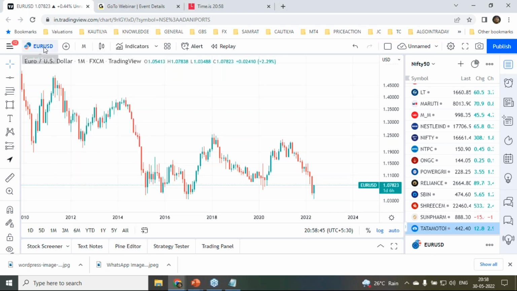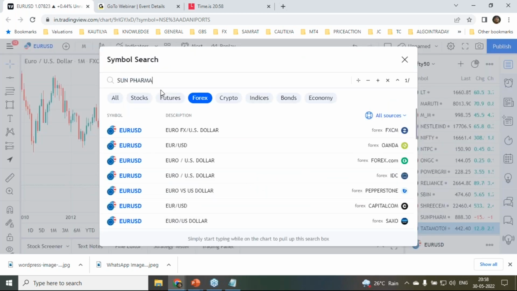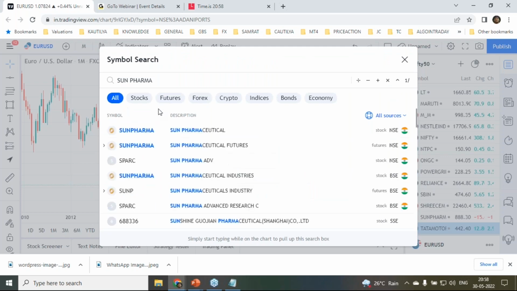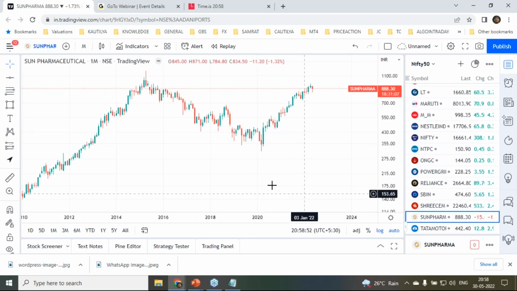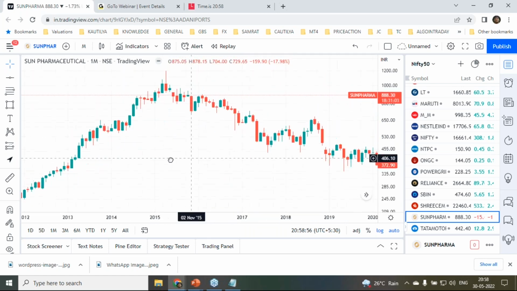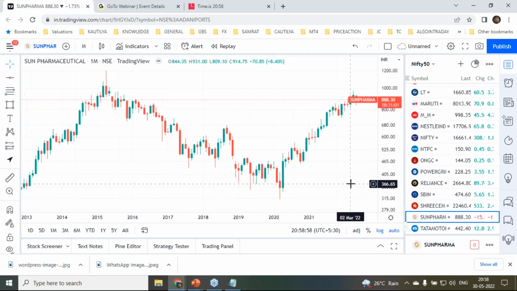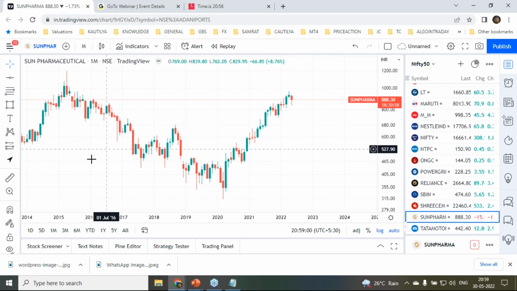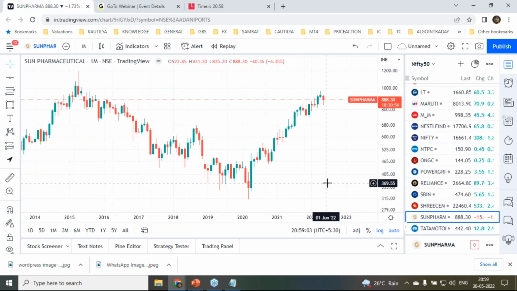Okay, somebody said Sun Pharma. Look at Sun Pharma. This is a strong movement. See this one? Can you see this whole region?